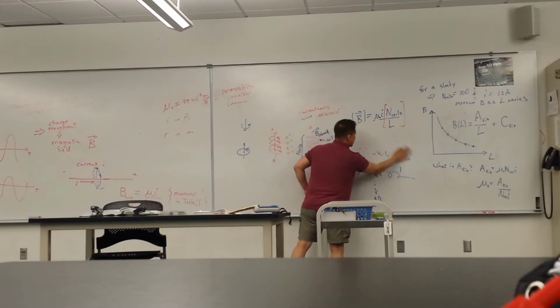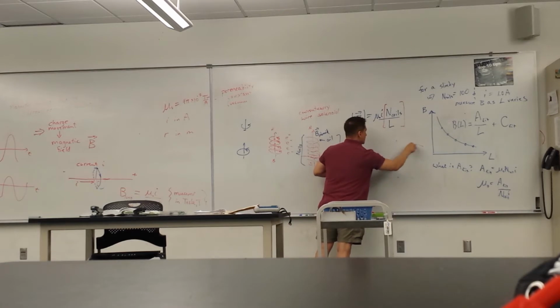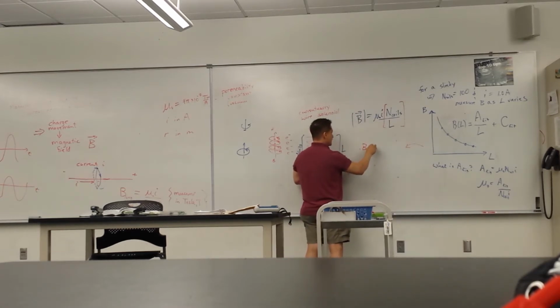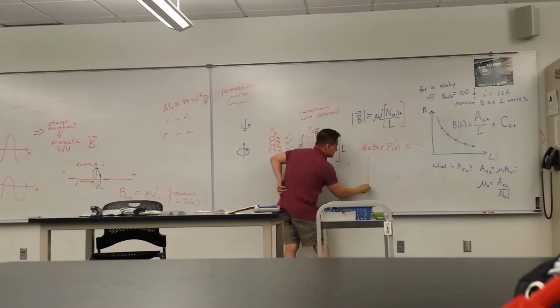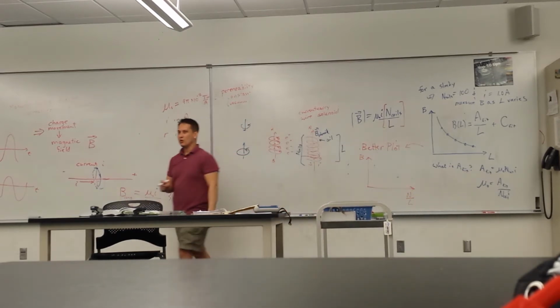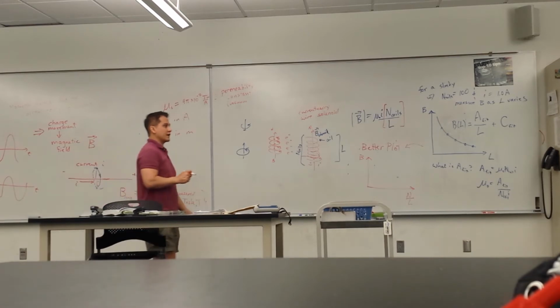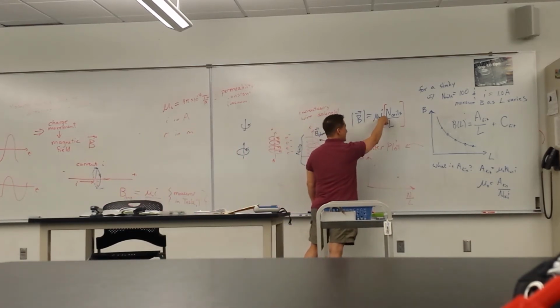So a better plot, hopefully, is a linear plot. If we plot B now instead as a function of the number of coils per unit length, what would we expect this graph to look like? As L decreases, N over L increases.